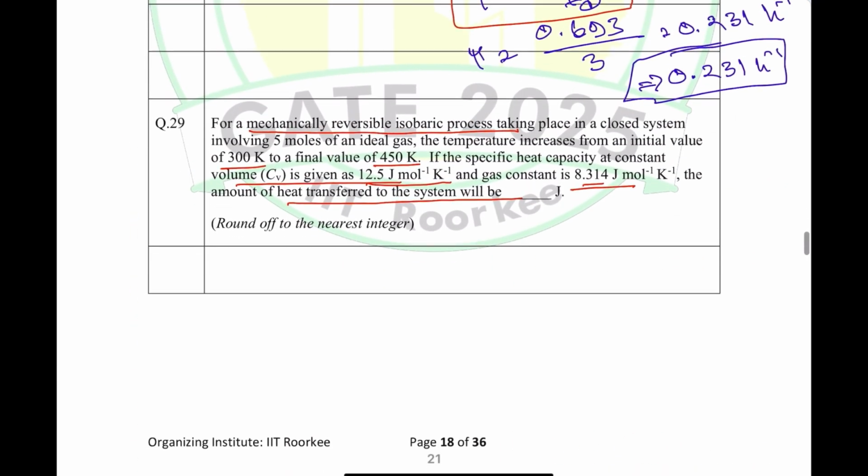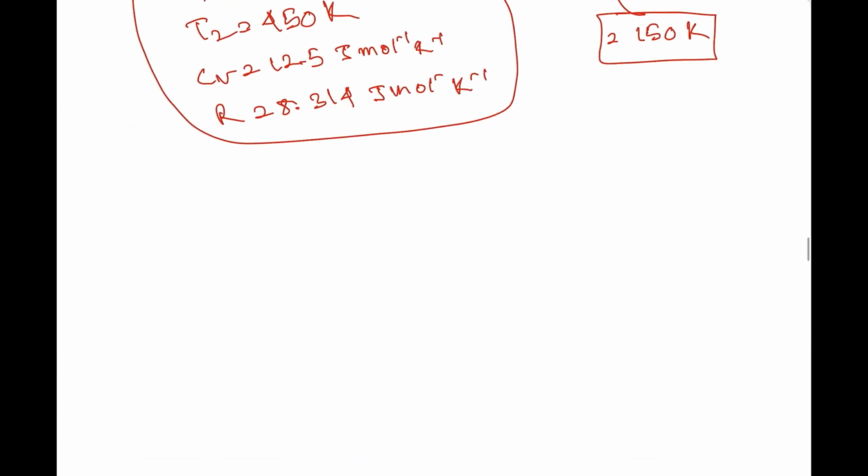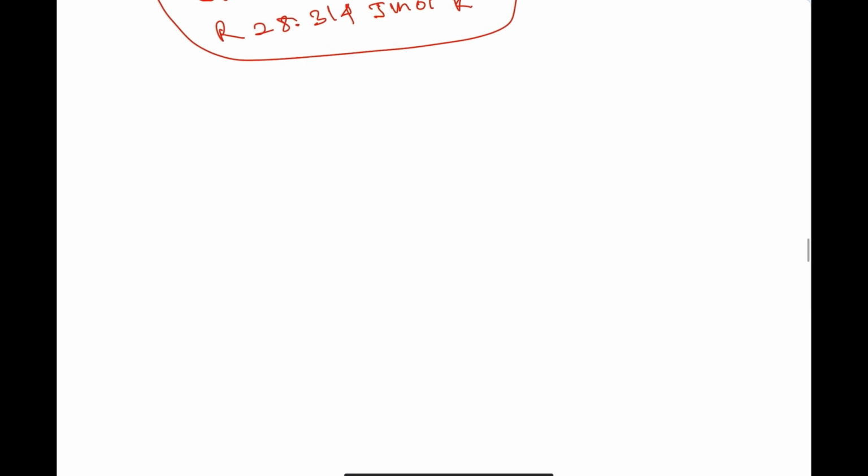It is said that this is an isobaric process, and for the isobaric process, the formula is Q equal to n Cp delta T. Here n is the number of moles, Cp is the specific heat at constant pressure, and delta T is the temperature change.